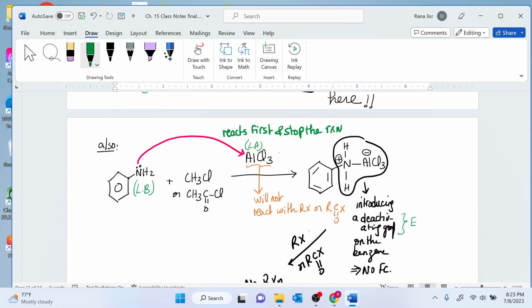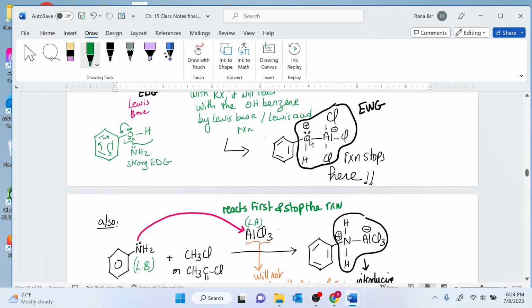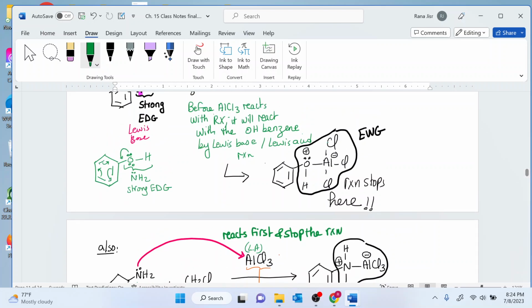Deactivating is another word for an electron withdrawing group that is going to stop the reaction. So with any of the reagents of the Friedel-Crafts alkylation or acylation, there will be no reaction because already you have an electron withdrawing group on the benzene. Same thing over here: that oxygen, since it has a plus charge, will be an electron withdrawing group. So if you are reacting it with Friedel-Crafts alkylation or acylation, there will be no reaction.